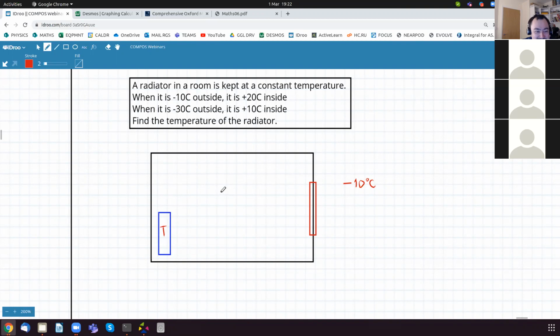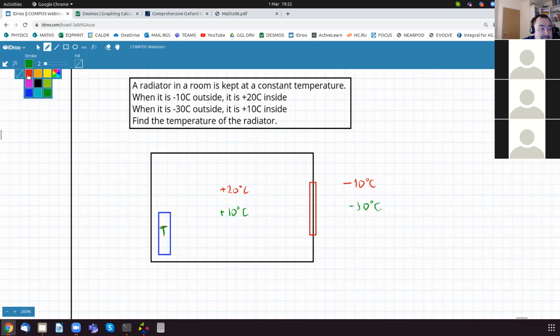The room is +20. And when the temperature outside is -30 degrees, the temperature in the room is +10 degrees Celsius. And the radiator is at the same temperature. So that's what we need to find.